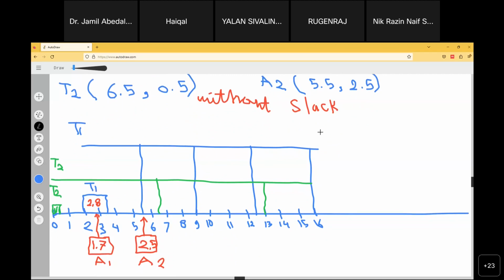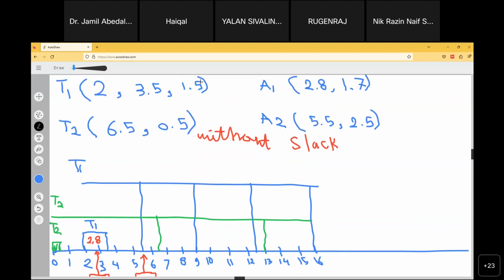But in slack stealing, at this point, 2.8, the aperiodic A1 will preempt T1, since in slack stealing scheduling the priority is given to the aperiodic. But this is without slack stealing, so here we execute task 1 for its whole execution time of 1.5.